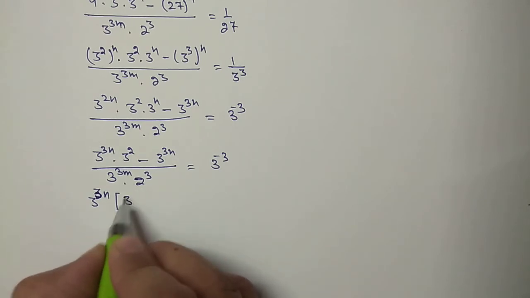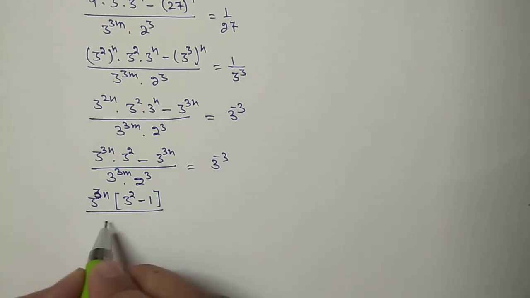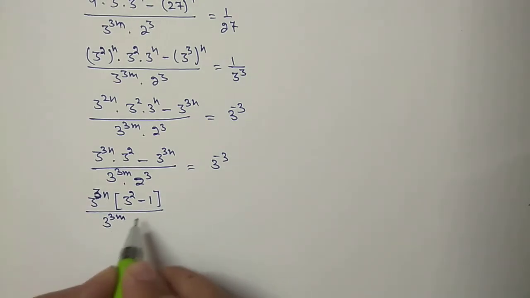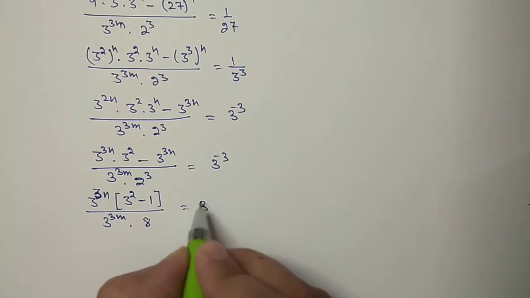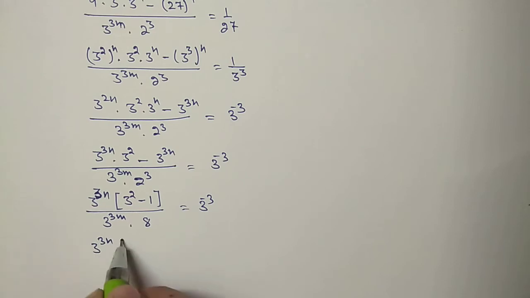Inside we have 3 to the power 2 from here and from here 1. 2 to the power 3 we can write as 8. 3 to the power 2 means 9 minus 1, which will come 8, and we can cancel it out.